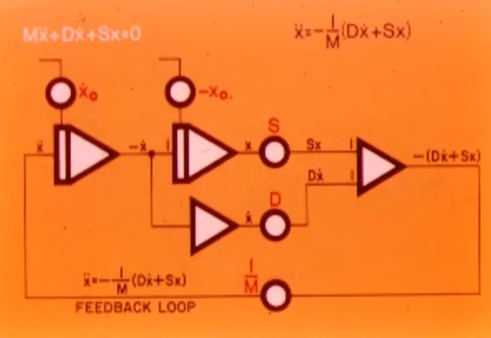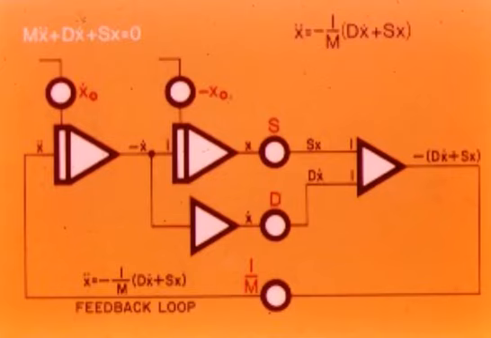Here is a computer program for this equation. The programming technique is straightforward. First, solve the equation for the highest order derivative. Second, assume the highest order derivative x double dot is available and integrate enough times to produce the speed and displacement vectors x dot and x.